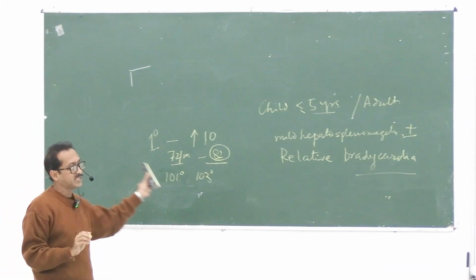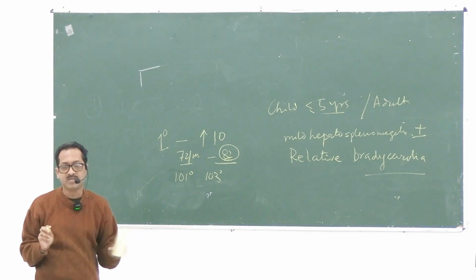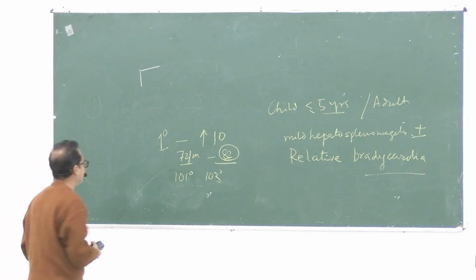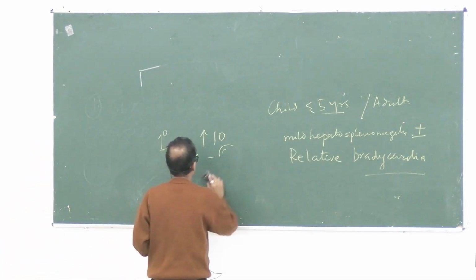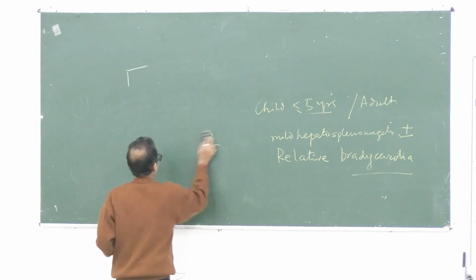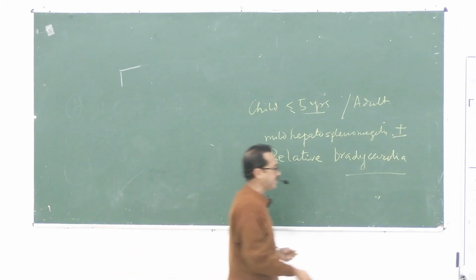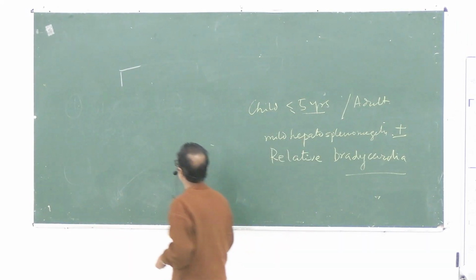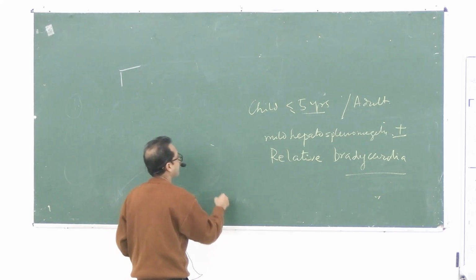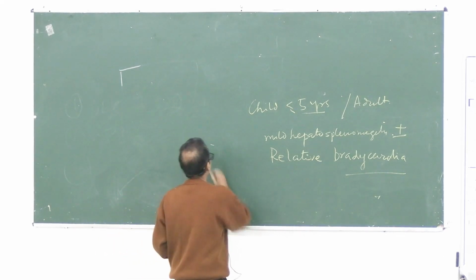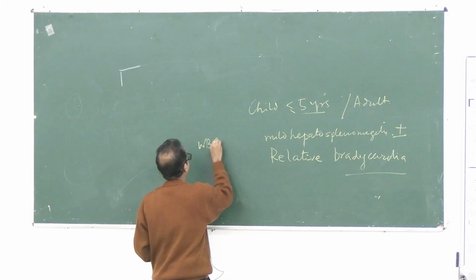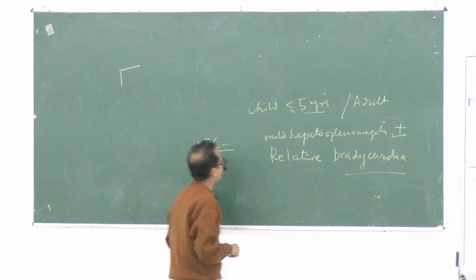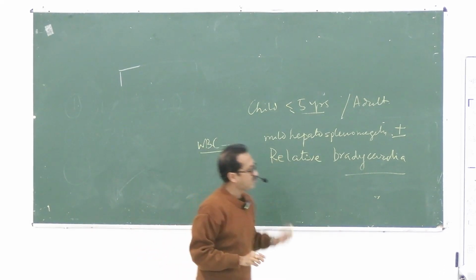I am mentioning this term because it is usually mentioned in the questions. So relative bradycardia. In the blood picture, WBC will rise, but not like in other bacterial infections. So these are the common clinical features.